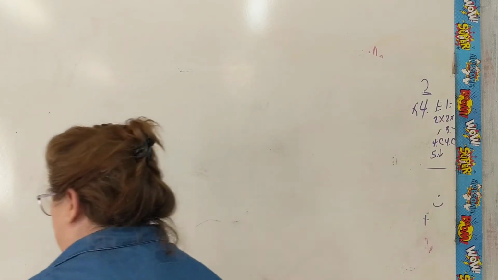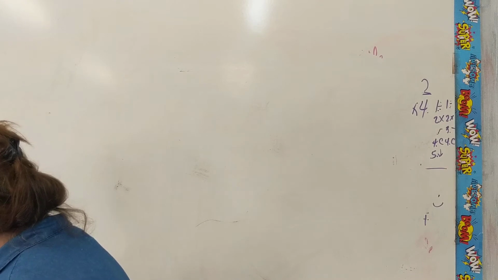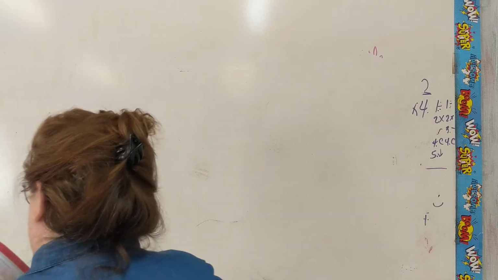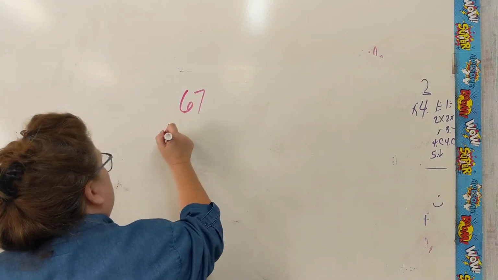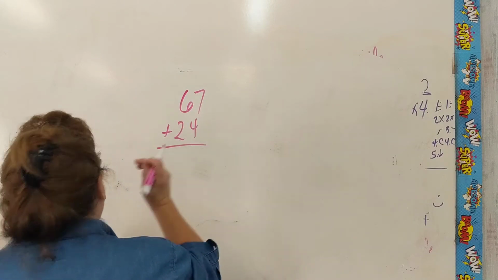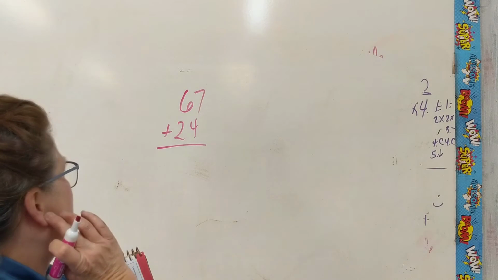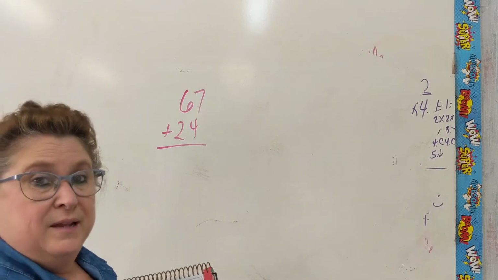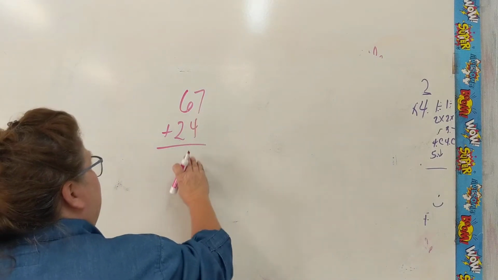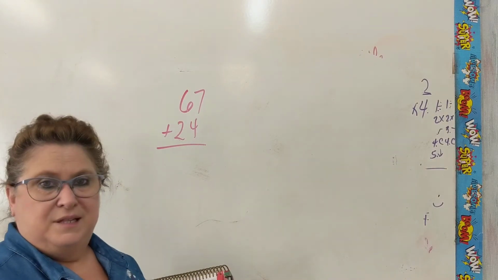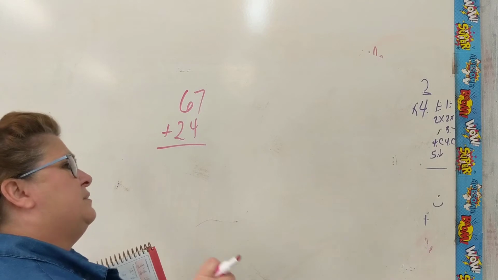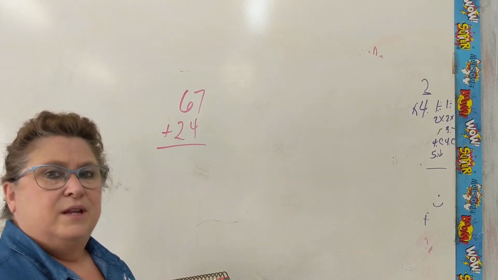All right, so if we are estimating an answer, this is how it works. It's kind of cool. So if we have 67 plus 24, and our directions say to estimate the answer, we're not going to put the real answer. We're not going to add 7 and 4 and 6 and 2. We're going to do it like this. We're going to round 67. Is 67 closer to 60 or closer to 70?